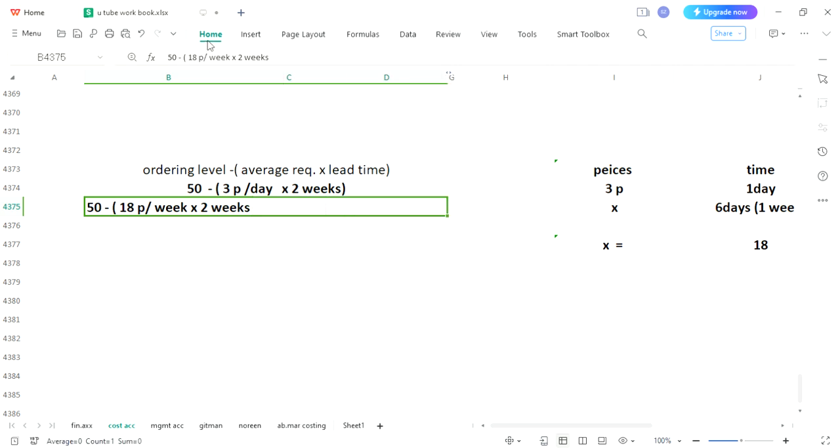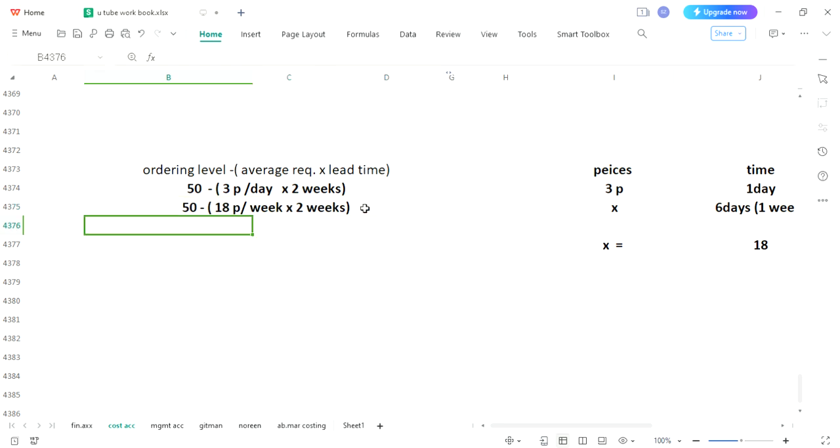Hopefully you are with me, and now we will be looking forward to the next step. So there was the first option. We have used the first option to turn everything daily, and in the second option we have changed everything into weekly. 18 pieces are for 1 week and time is also in weeks.